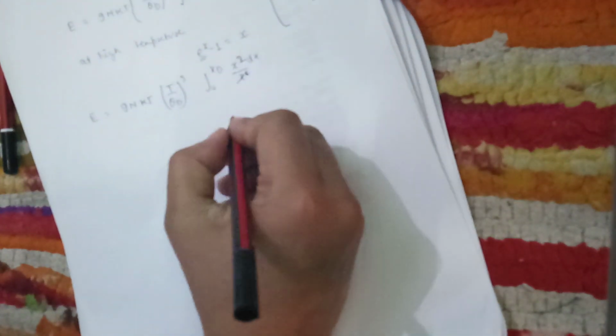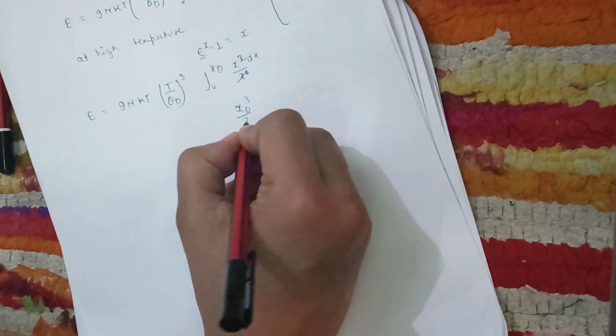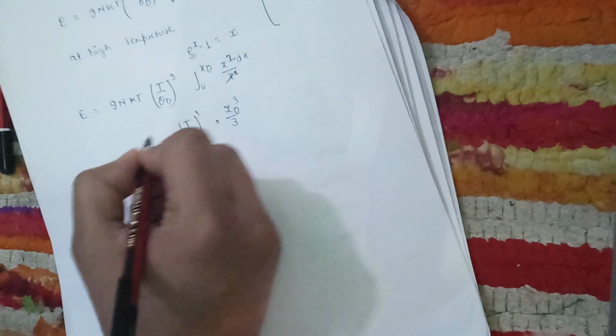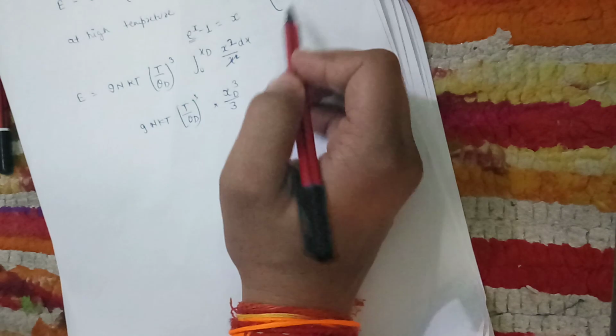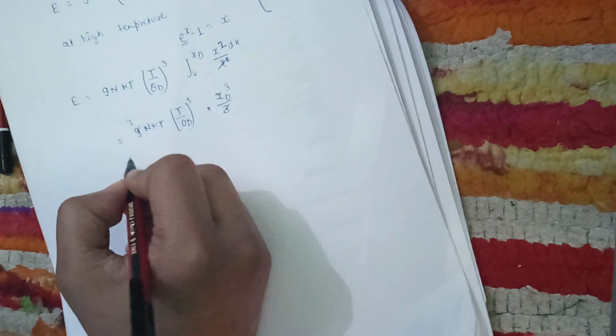Now integrating, x square means xd cube by 3, and xd is equal to theta d by t, so this cancels, and 3 and 3 cancel.